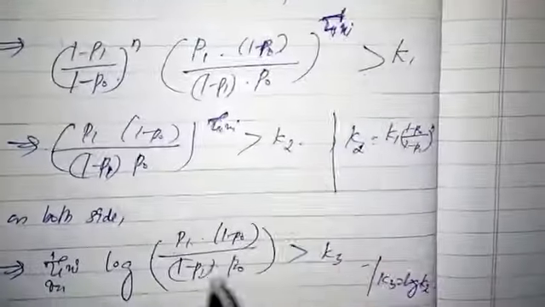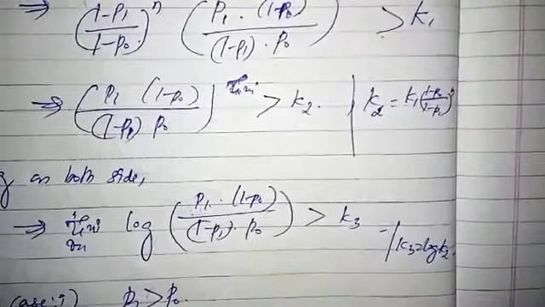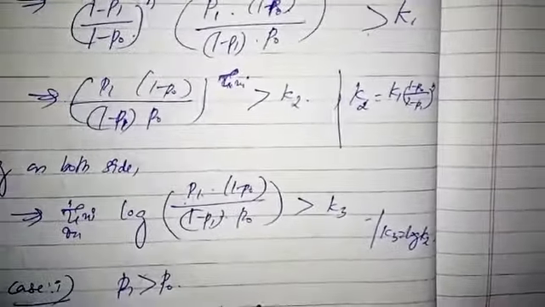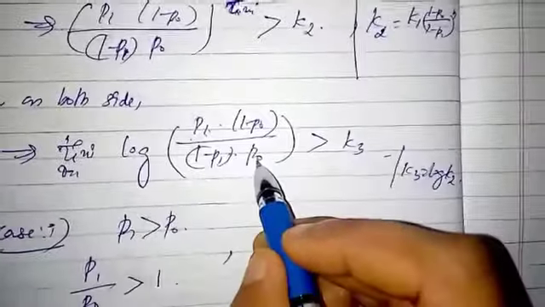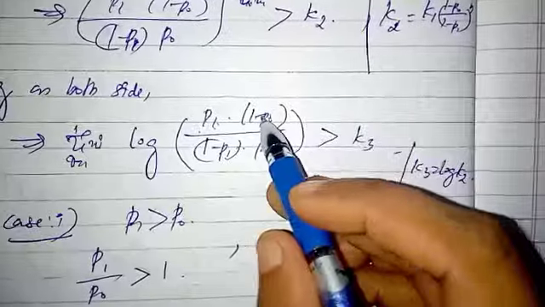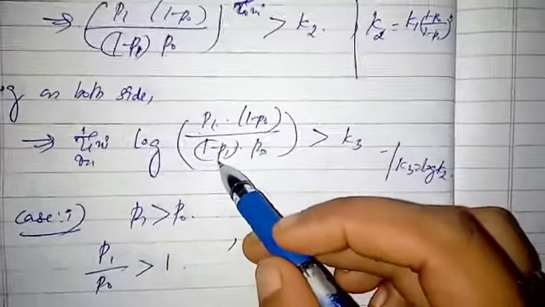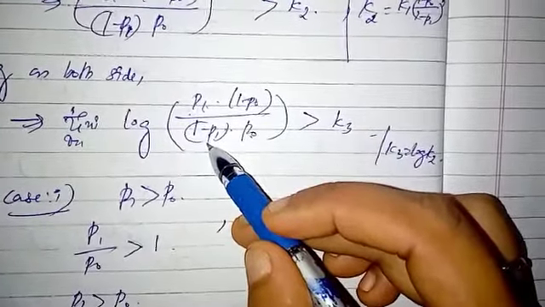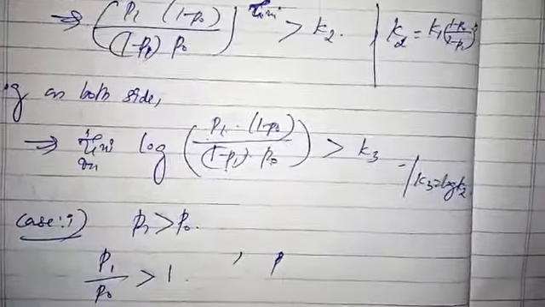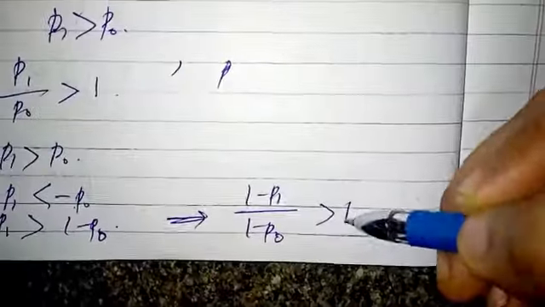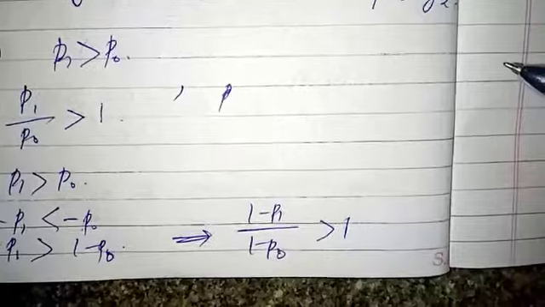So here p1 divided by p naught is greater than 1. Also 1 minus p1 divided by 1 minus p naught is greater than 1, right?